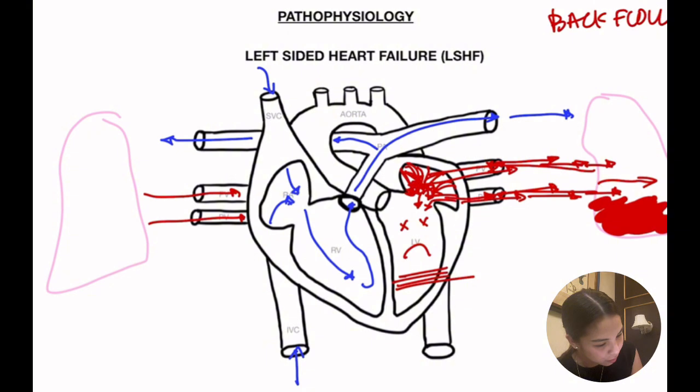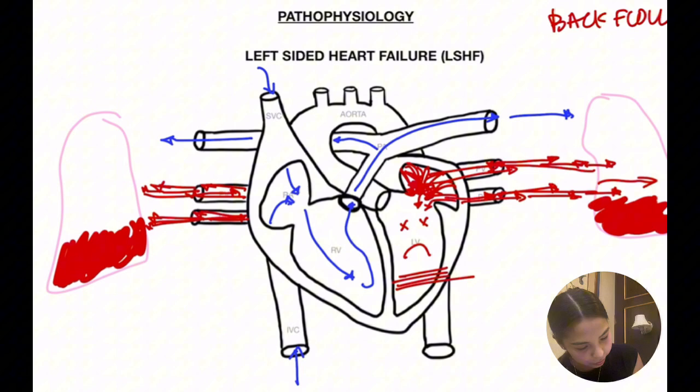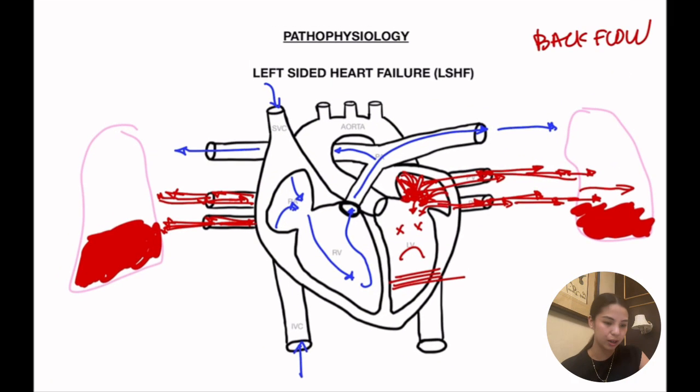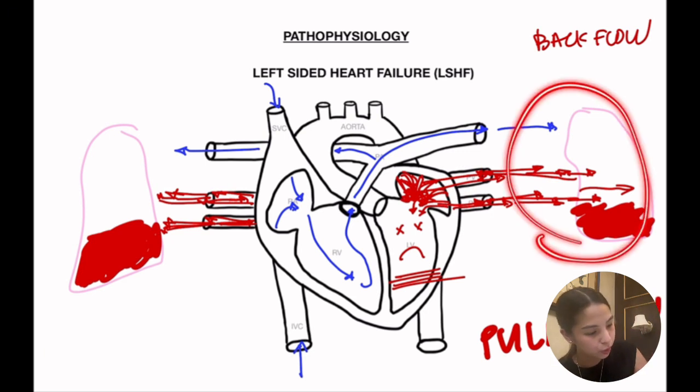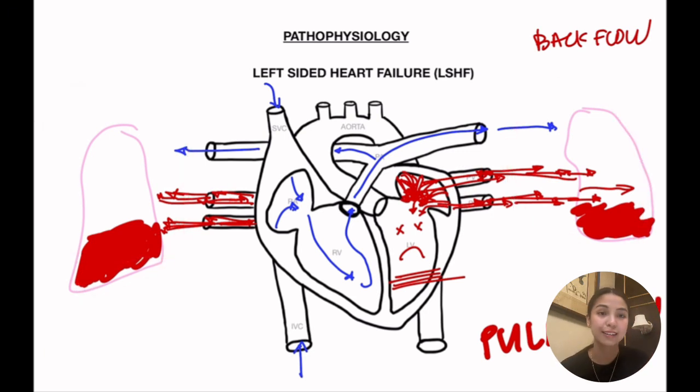The left ventricle won't push it to the aorta, so it goes back instead. There's too much blood that it goes back to your lungs. All right, it accumulates in your lungs. Therefore, in left-sided heart failure, as you can see, the problem is pulmonary. Why? The blood backflows to your lungs.